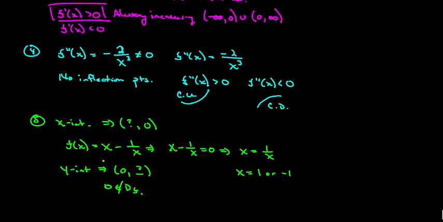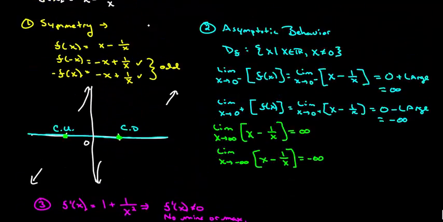That's pretty much all we need to know here at this point. Let me see if they've got anything else that they want us to do. Yeah, we're pretty good there. So we know that our graph must look something like this and something like this. Concave up, concave down.